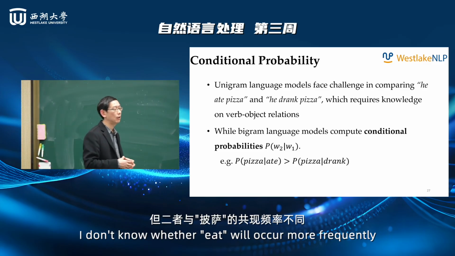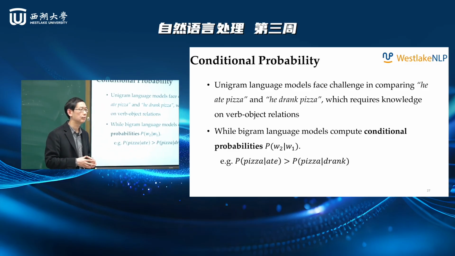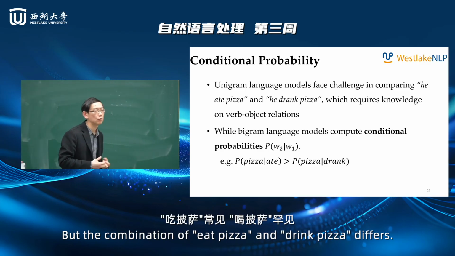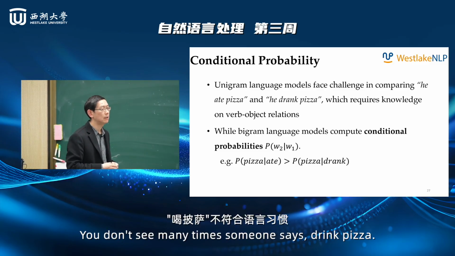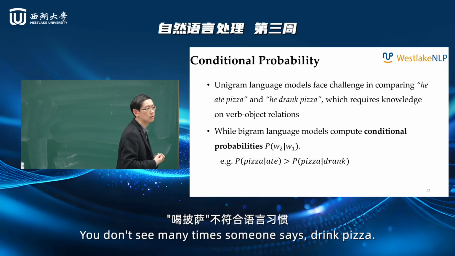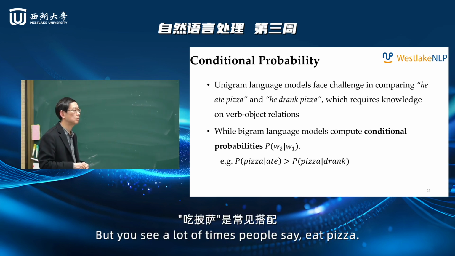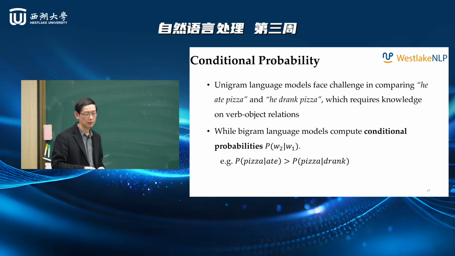I don't know whether eat will occur more frequently or drink will occur more frequently. But the combination of eat and pizza and drink and pizza differs. You don't see many times someone says drink pizza, right? But you see a lot of times people say eat pizza.